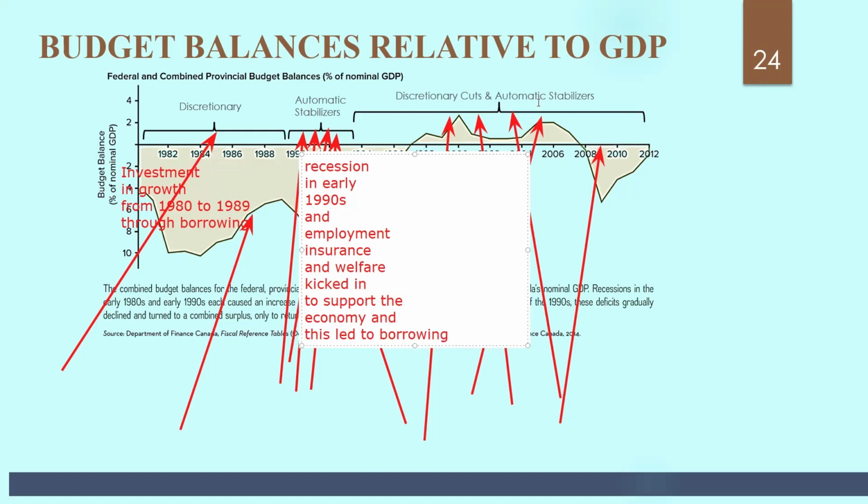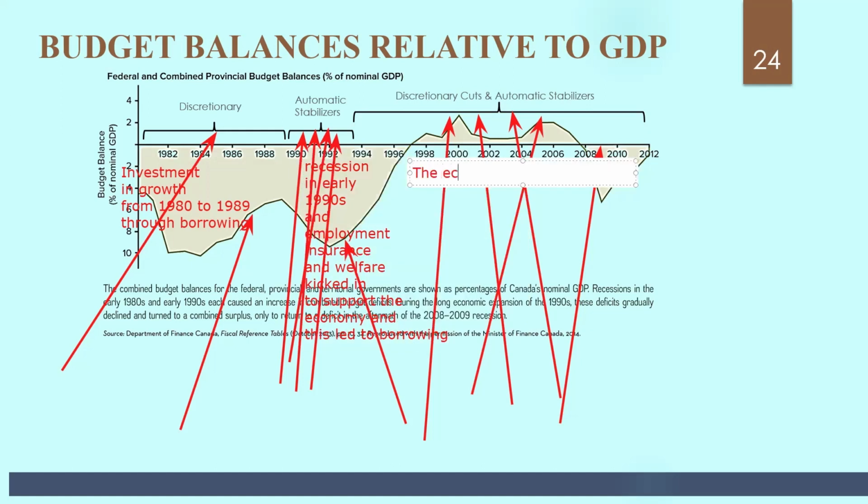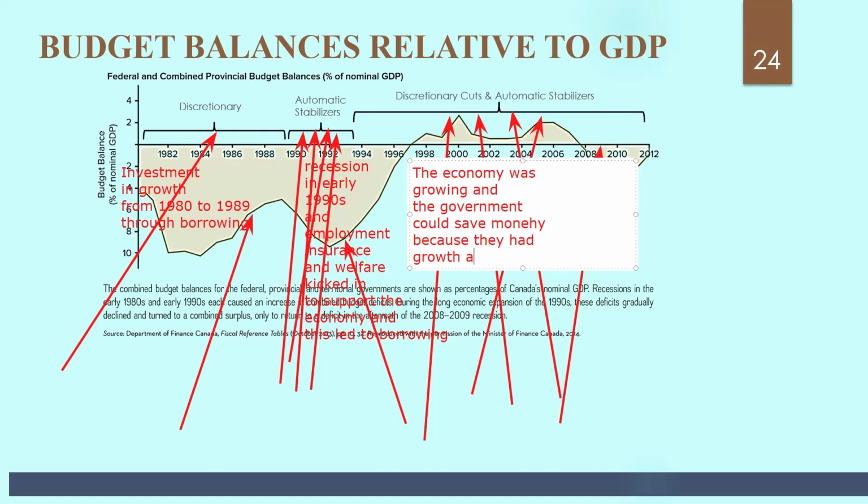And then here, the economy was growing, and the government could save money because they had growth and taxes were coming in. More taxes were coming in due to the growing economy. So that was happening here. And then they go back into recession.